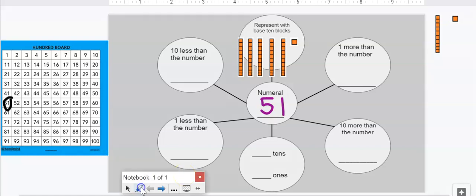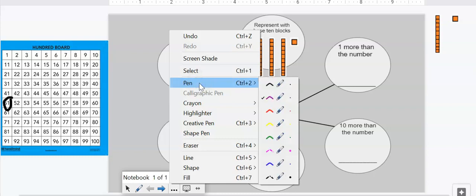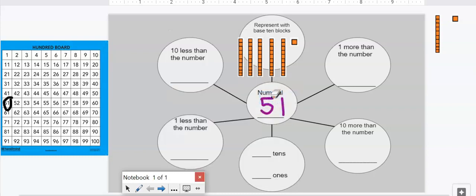Okay, so now let's look at our next one. What is one more than the number 51? I'm noticing on my 100 board, what do you see? 52. So if I were to add one more 1 over here, I would have 52.